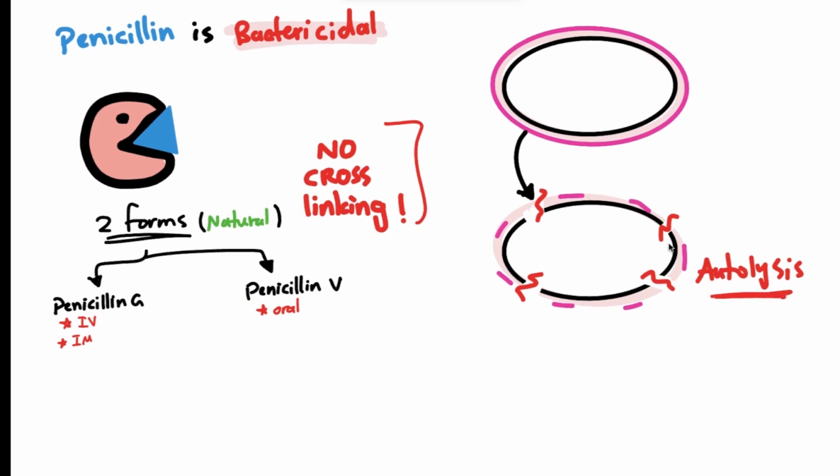This makes penicillins bactericidal. And again, as we've said before, we have 2 forms of penicillin. One is penicillin G, and we have the IV and the intramuscular forms. And then penicillin V is oral.